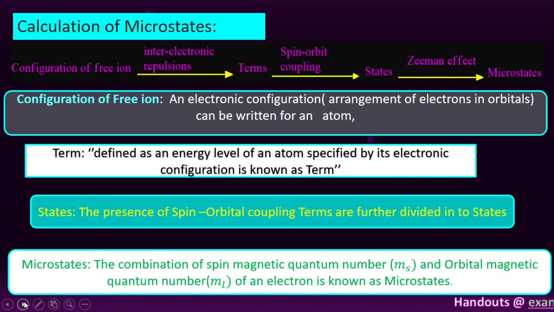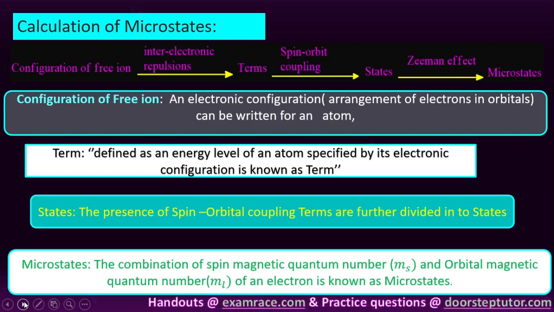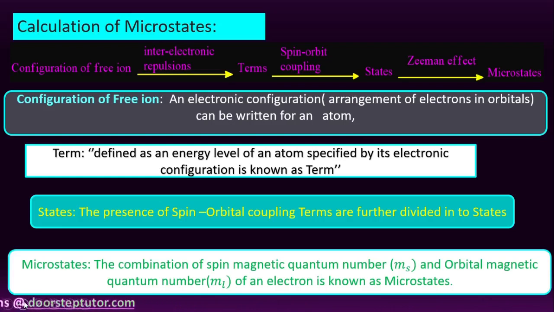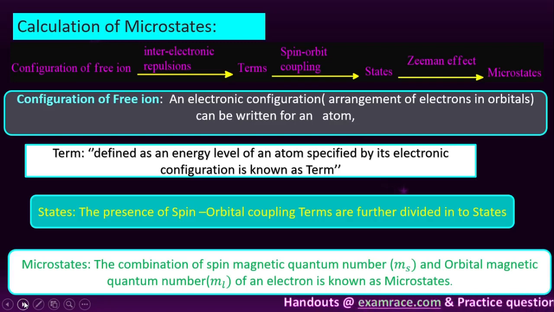Generally we express the term in capital letters like capital S, P, D, F. These terms depend on the L value, that is the total resultant orbital angular momentum.